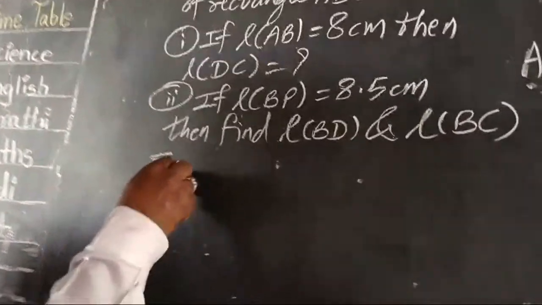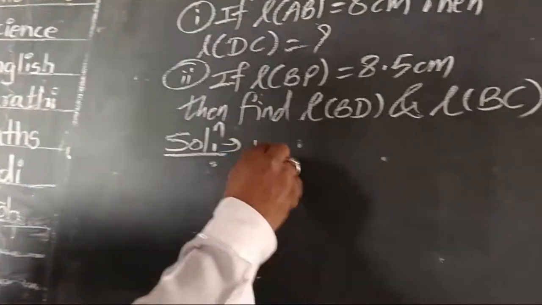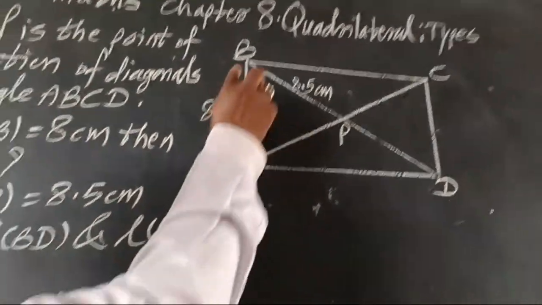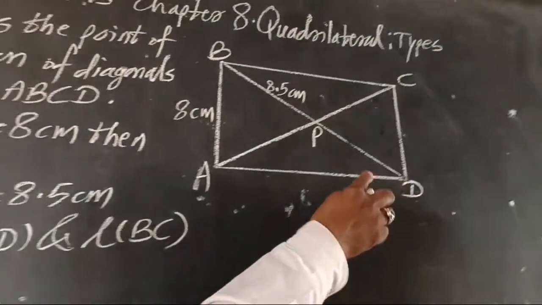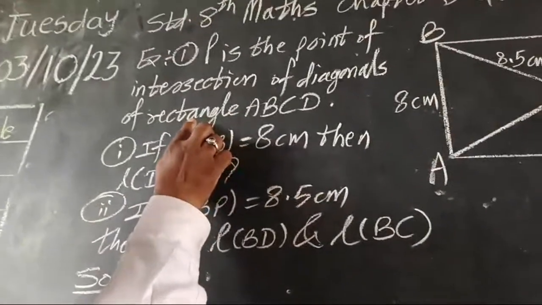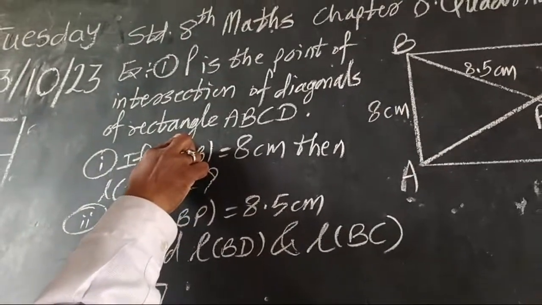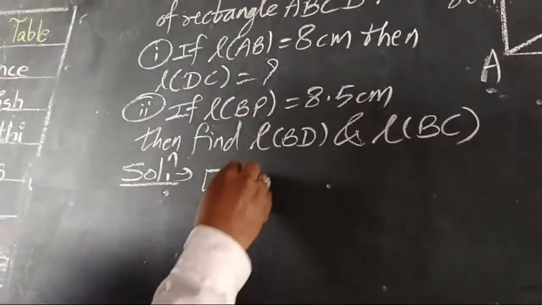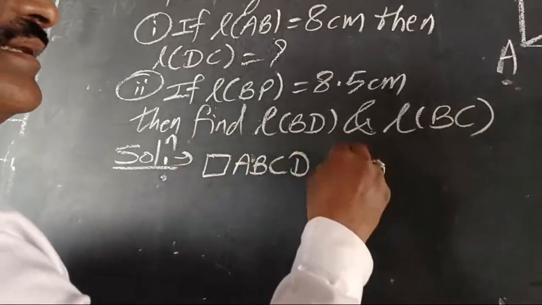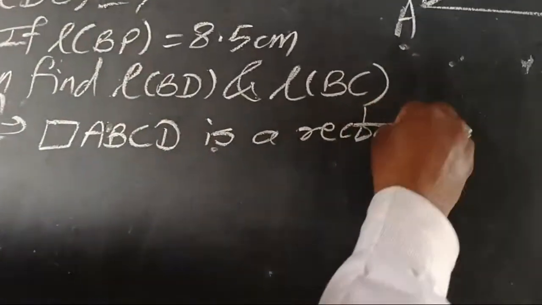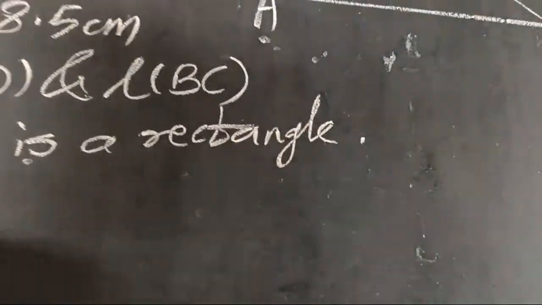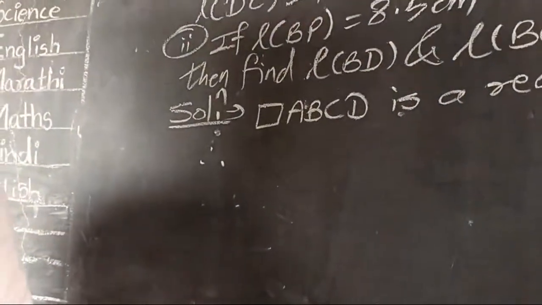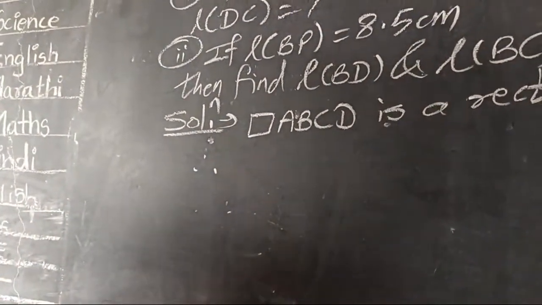Here in the solution, the quadrilateral ABCD is which type of quadrilateral? Yes, quadrilateral ABCD is a rectangle, and therefore we use a conclusion.